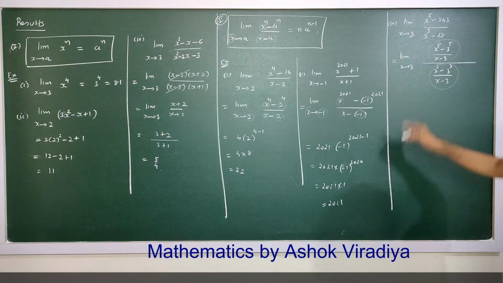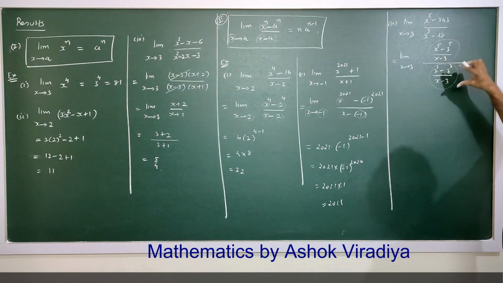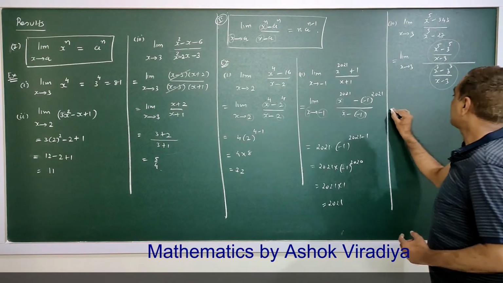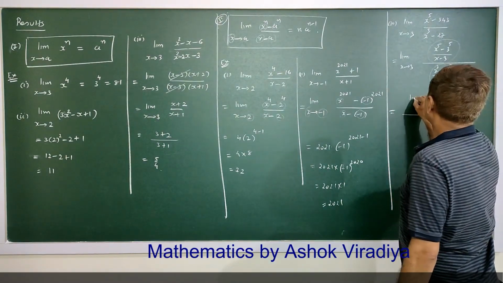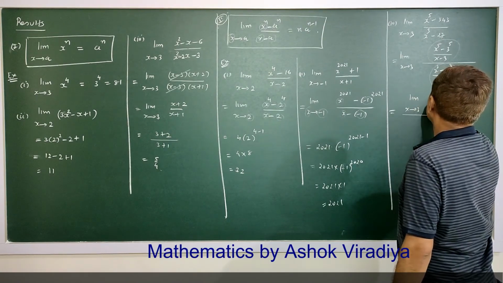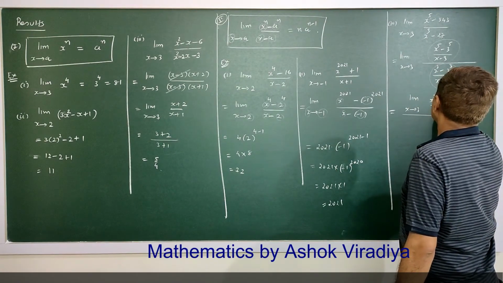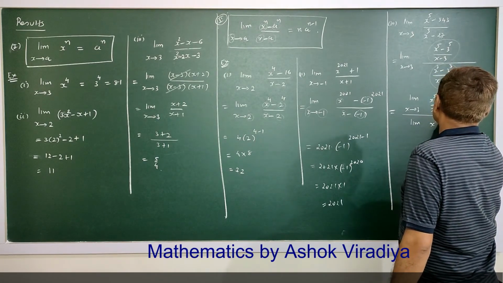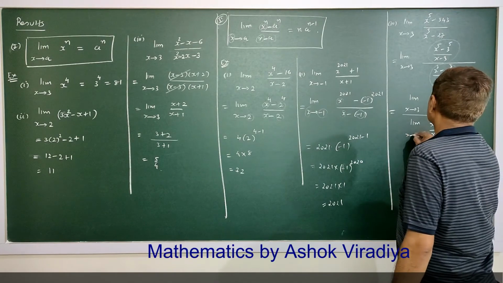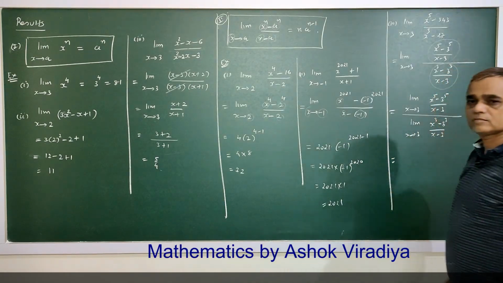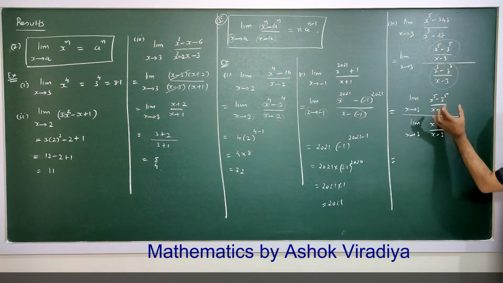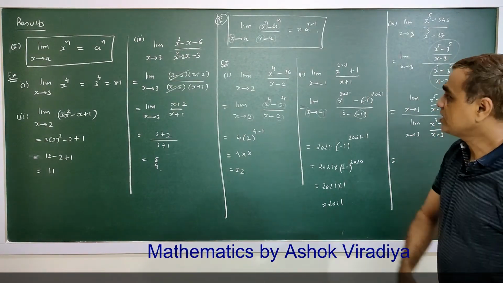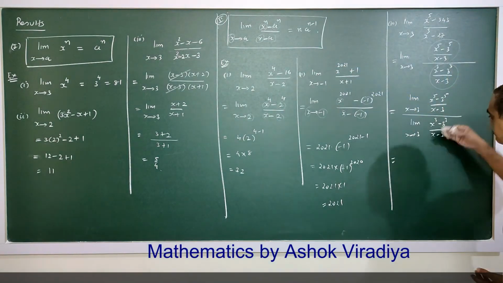So it is like limit of f(x) upon g(x), and the limit of f(x) upon g(x) is limit of f(x) upon limit of g(x) by working rule. Now application of this formula 2 times.